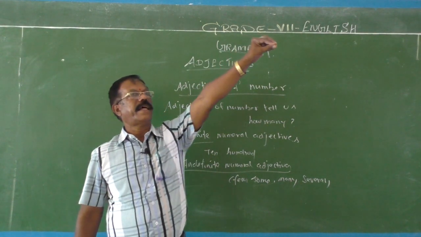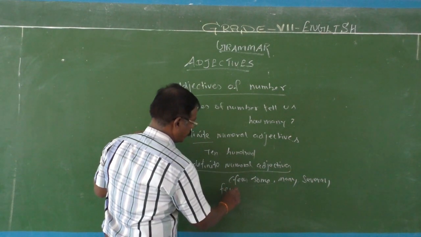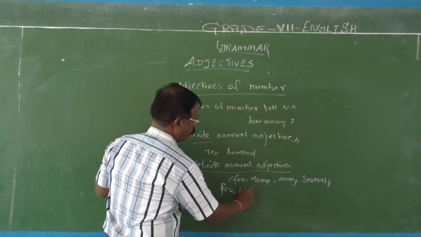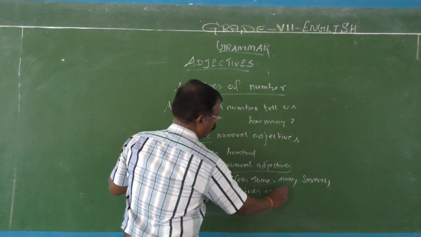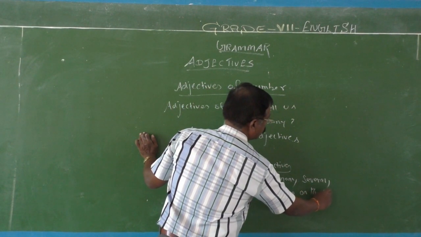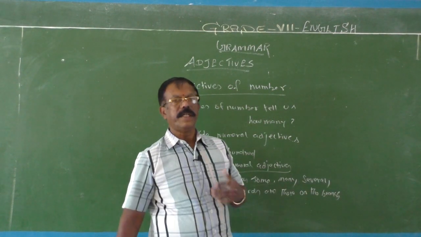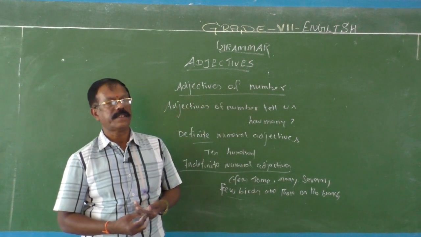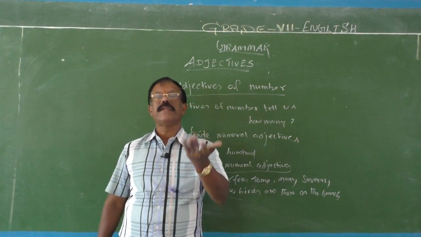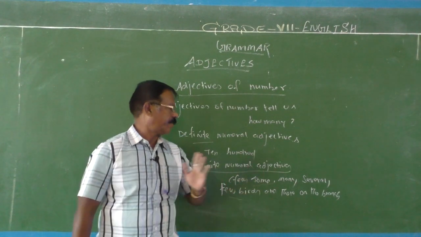Few birds are there on the branch of a tree. So these adjectives show indefinite numbers. Therefore they are called indefinite numeral adjectives.